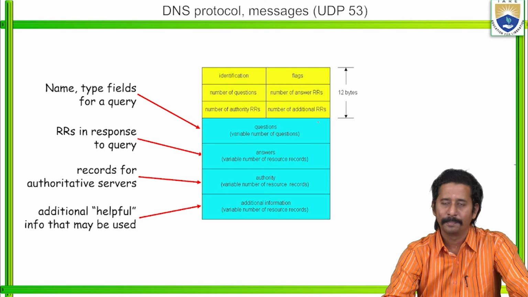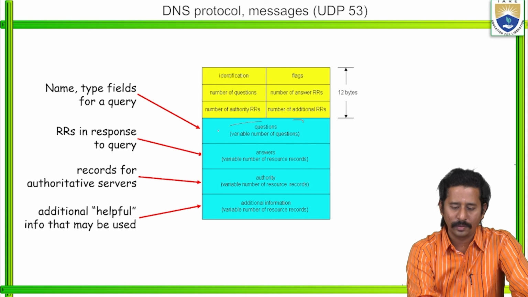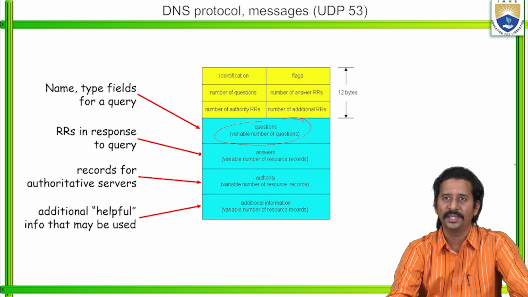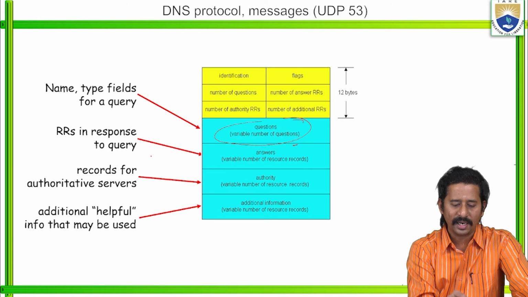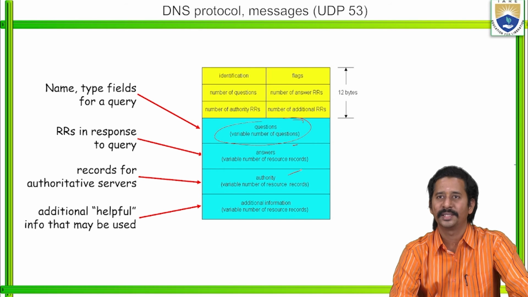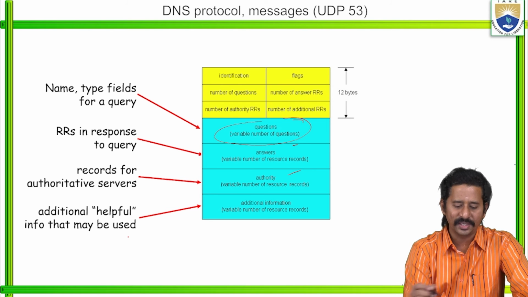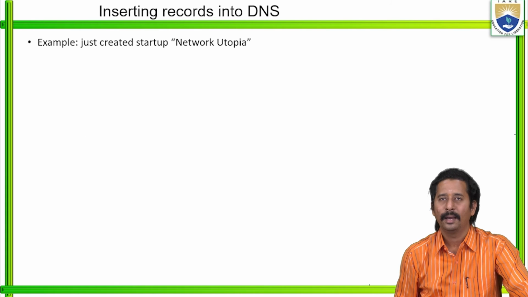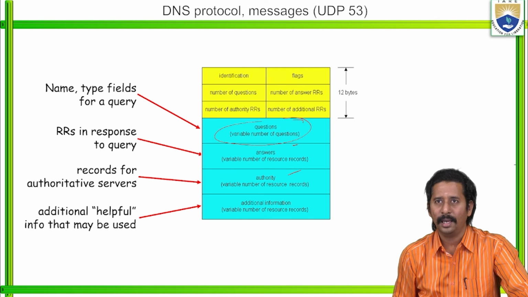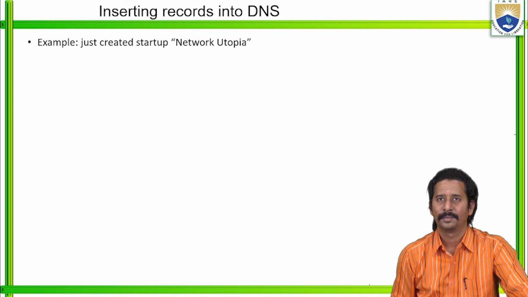These are the common fields: the name and type fields for a query, which come under the variable number of questions, then answers in response to the query, records for authoritative services, that is authority with a variable number of resource records, and any additional information that may be used. In this way, we access the messages from the connectionless systems.